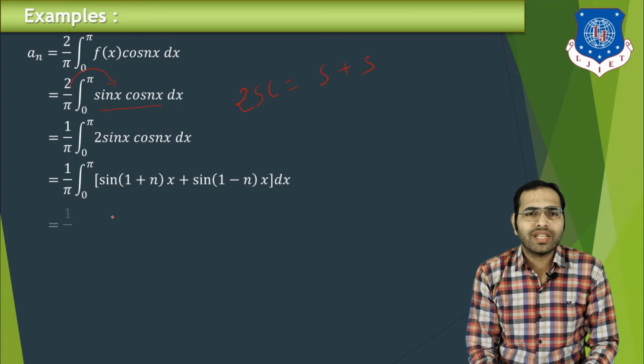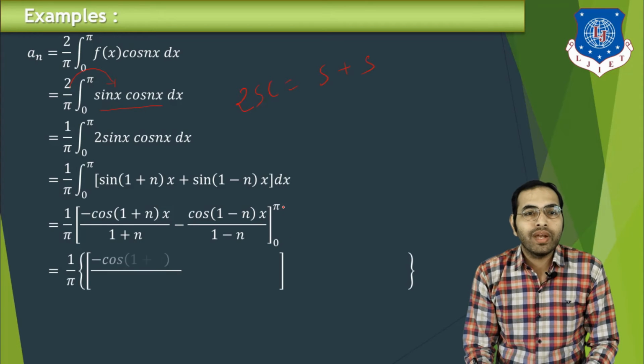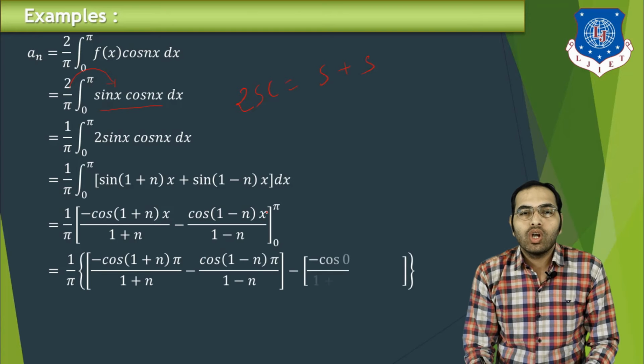Now the integral of sine is minus cos, that means 1 upon pi, inside the bracket, minus cos (1 plus n) x upon 1 plus n, minus cos (1 minus n) x upon 1 minus n, where x runs from 0 to pi. Now applying the limits, upper limit minus lower limit.